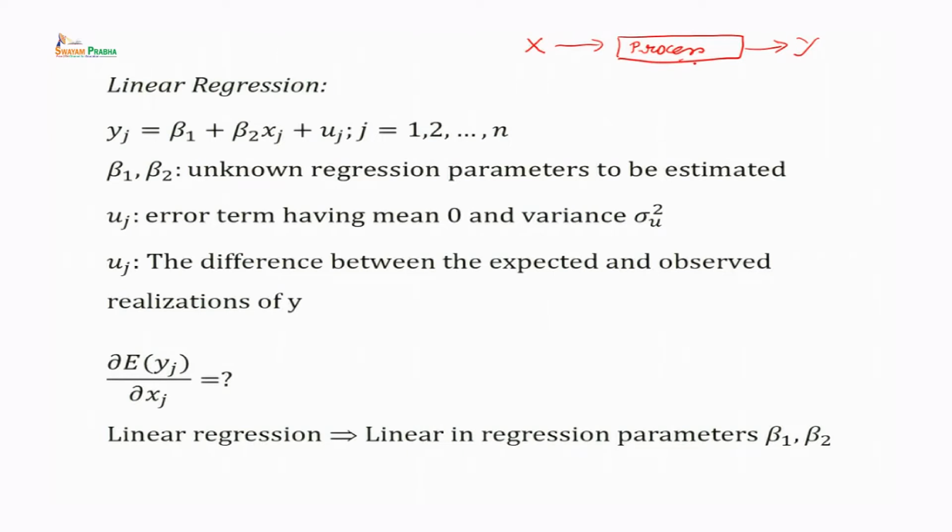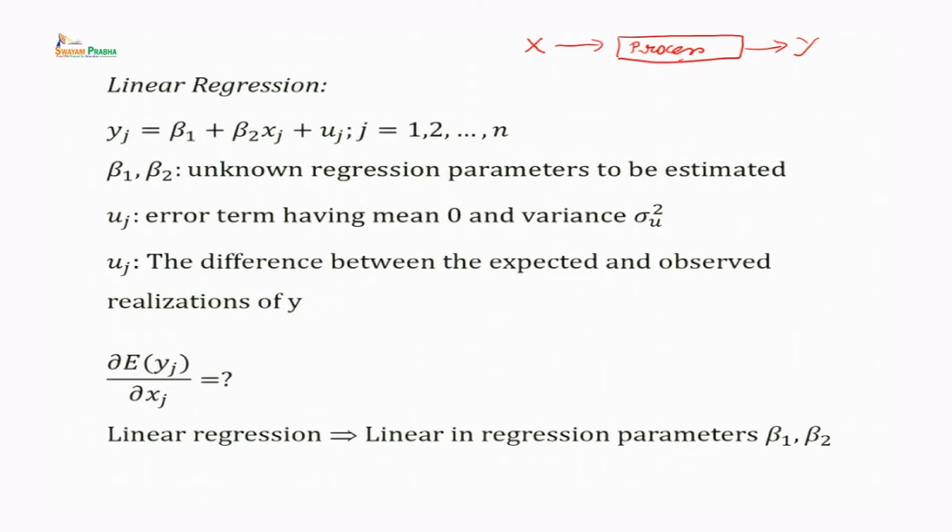So, actually you are moving in the reverse direction, meaning on the basis of the data you are trying to assess the process. So, that is why this technique is called the regression technique.